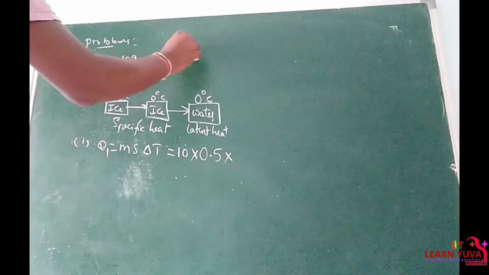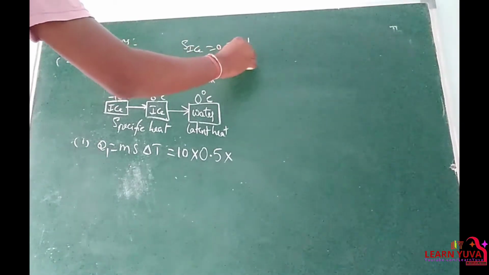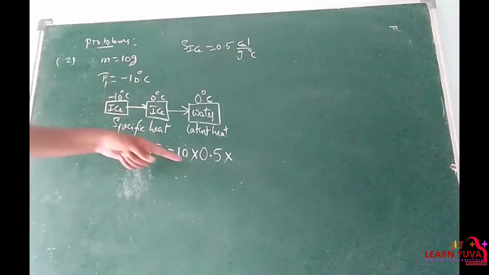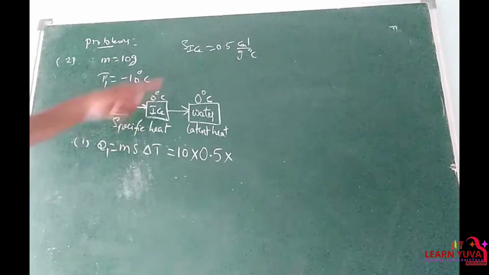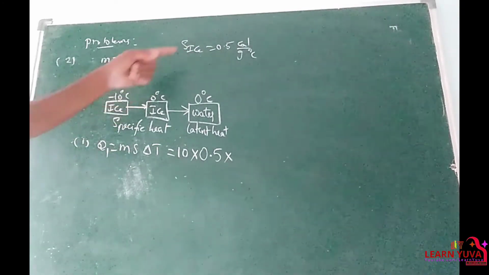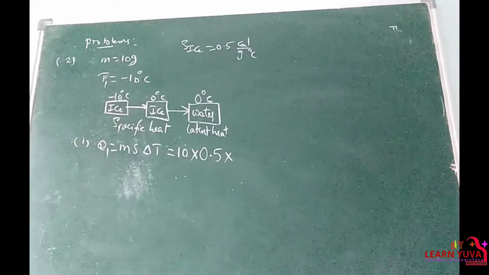Here we should not take the specific heat capacity of water. It is not water, it is ice, because it is in ice state. So we must take the specific heat capacity of ice.